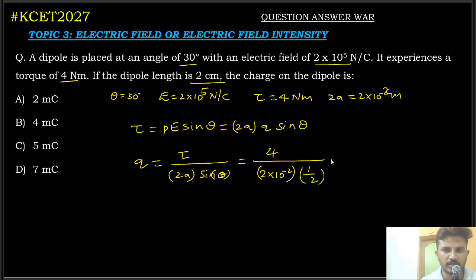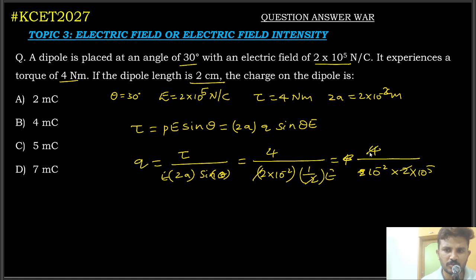The 2 gets cancelled, so you will get 4 divided by 10 to the power minus 2 into 2 into 10 to the power 5.